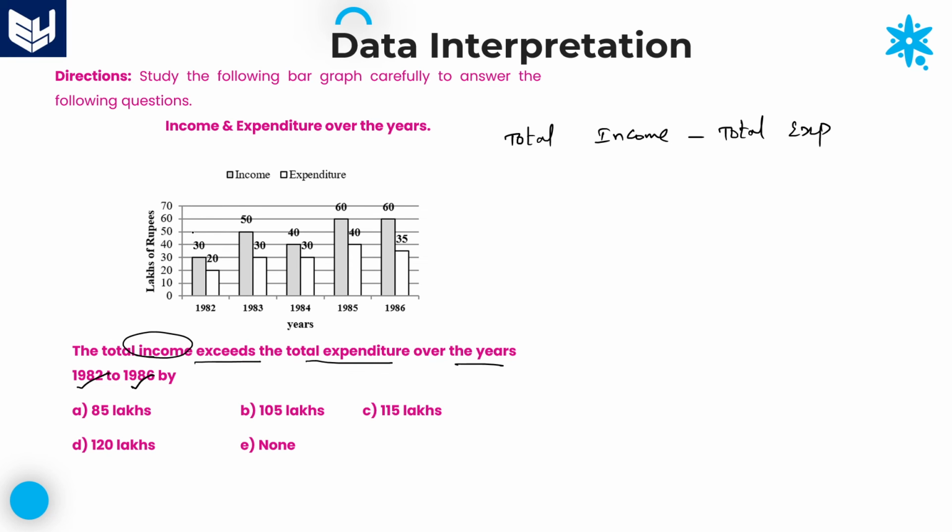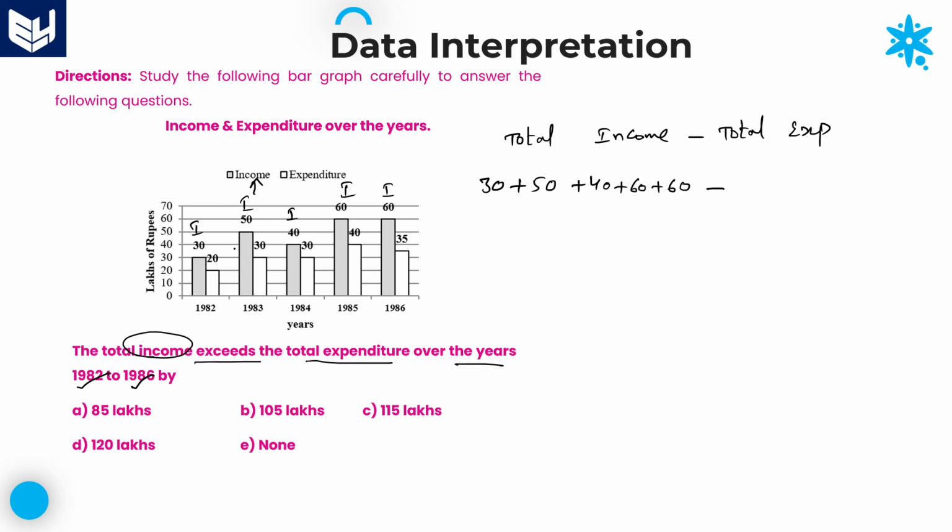Total income: all the first values, the first bars in each and every year, are representing income. So total income is nothing but summation: 30 plus 50 plus 40 plus 60 plus 60. This is total income.